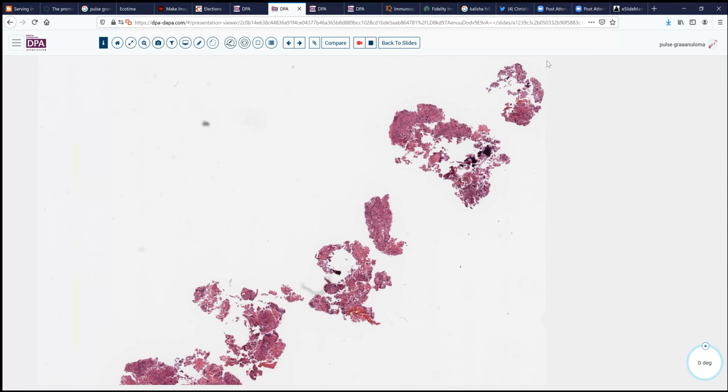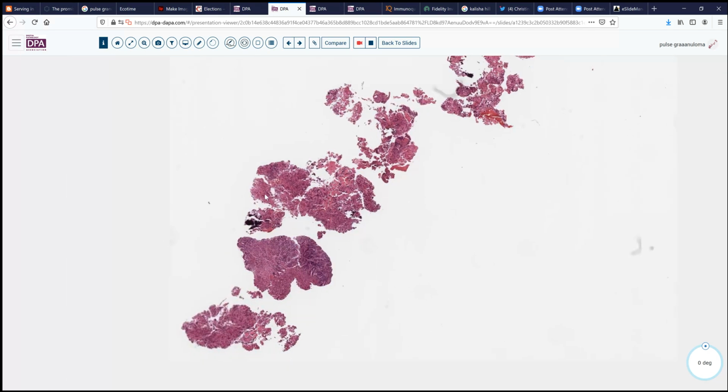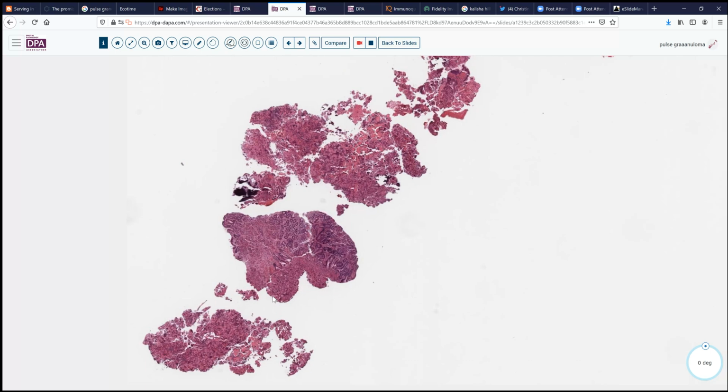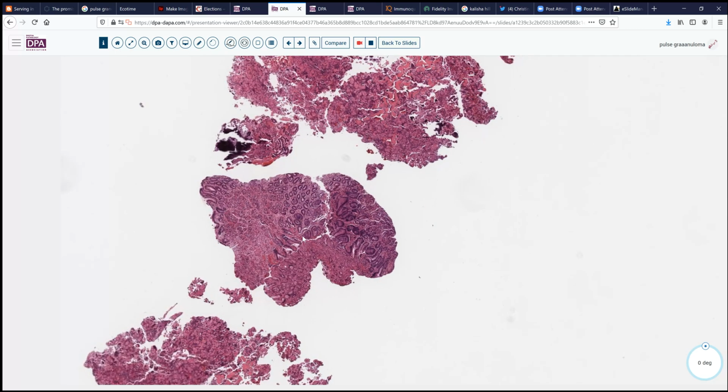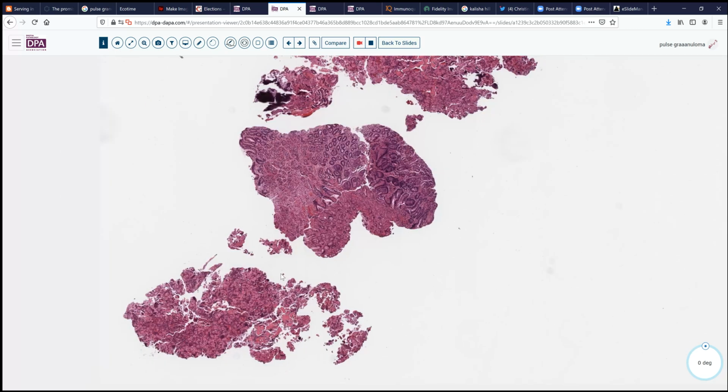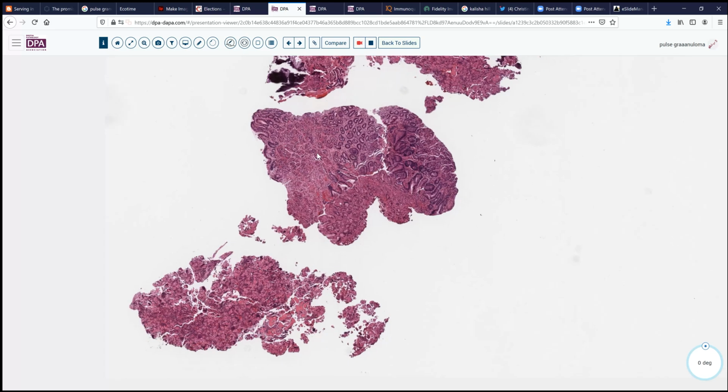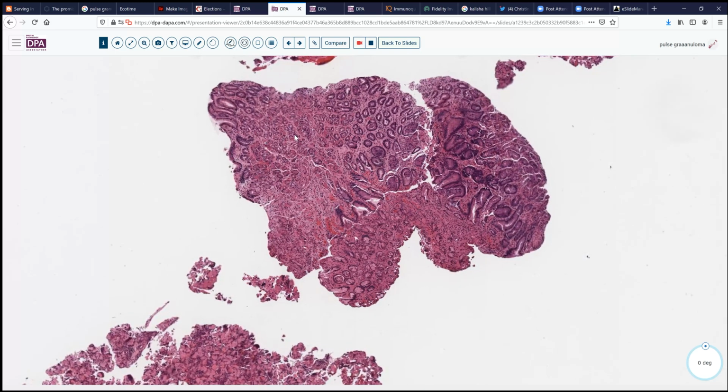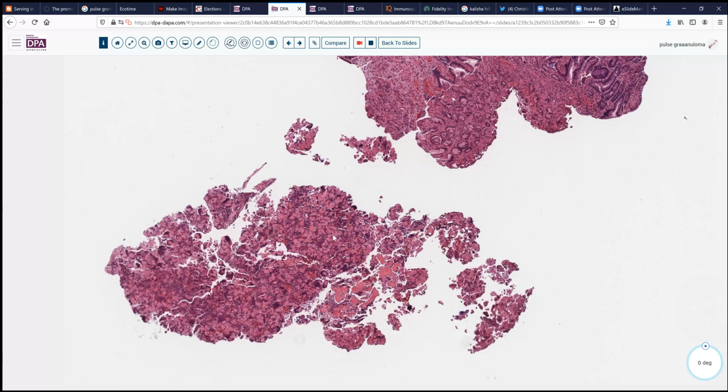So here we see multiple fragments. We see some calcification. We see there's a moderate amount of cellularity, and we see here some relatively normal appearing gastrointestinal gastric mucosa. It looks like it's from the body. But look at this tissue here next to it.